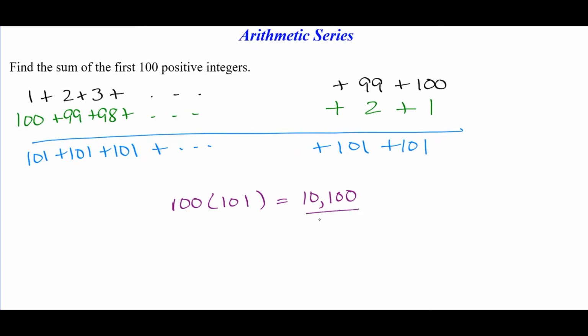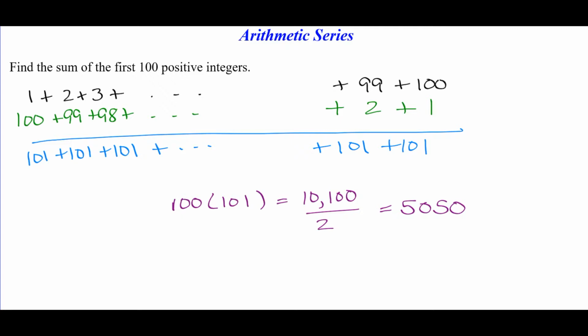So I'm going to divide that by 2 and get 5,050. So that's a quick way to deal with this. This process actually works for any arithmetic sequence. Anytime I'm summing an arithmetic sequence, or doing an arithmetic series or summation, I can use this process.